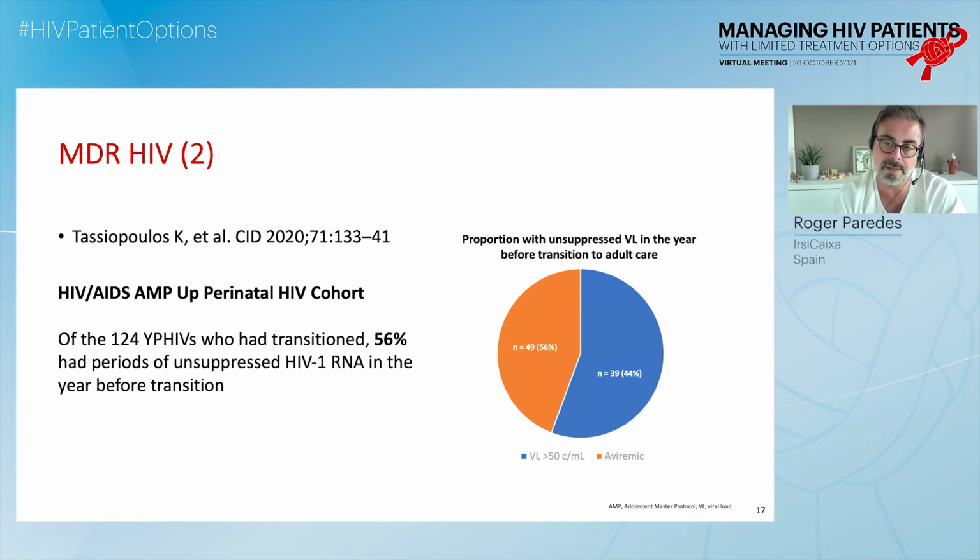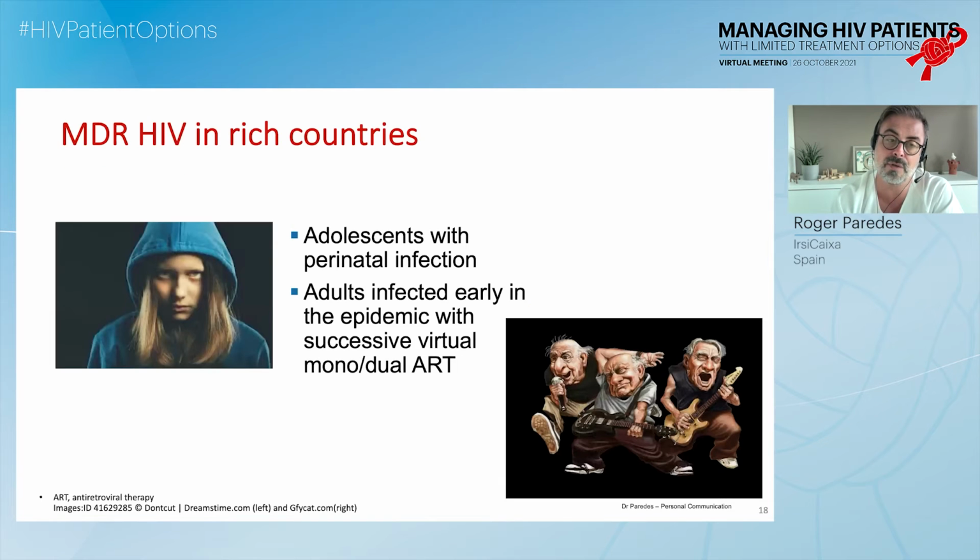Conversely, there's a subgroup of people, the young patients, adolescents who are transitioning towards adult care, and in these individuals, more than half of them might have been exposed to periods of unsuppressed HIV-1 RNA in the year before the transition, and this is clearly associated with the presence of resistance.